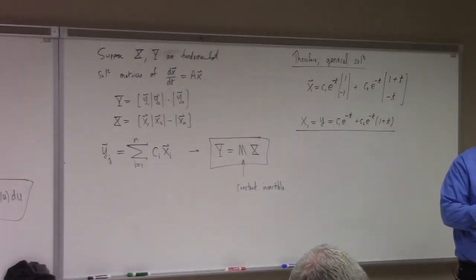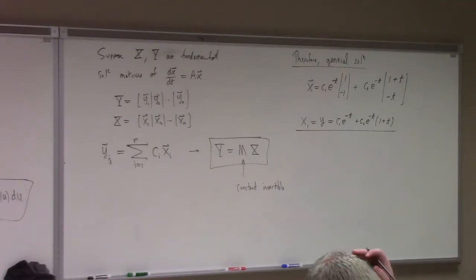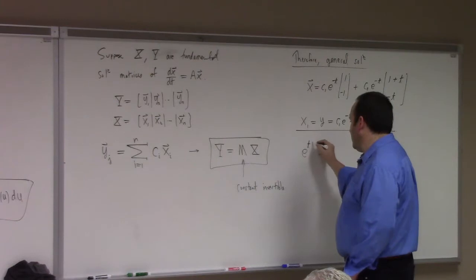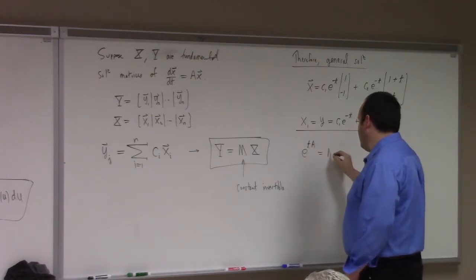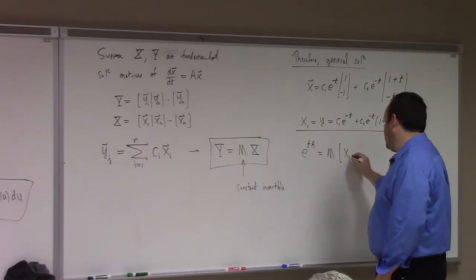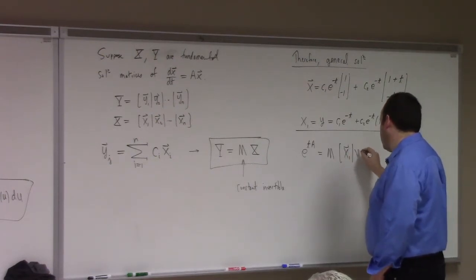Why would this matter to you? I've asked you to calculate the matrix exponential, right? That's a solution matrix, right? So if you think about this as it applies to the matrix exponential, you've got e to the tA. It's some constant invertible matrix times, say, suppose you can find other solutions.